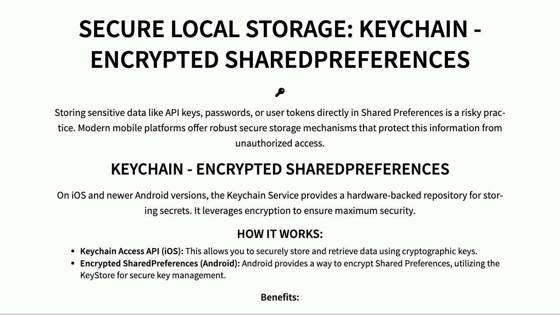It uses strong encryption, making it really difficult for anyone to steal data from the device. Android has a similar feature called Encrypted Shared Preferences, which leverages the Keystore to manage these keys securely. Think of it as adding an extra layer of protection, hardware-backed security when possible. This significantly reduces the chances of your app's secrets getting exposed, so always prioritize these secure storage methods.